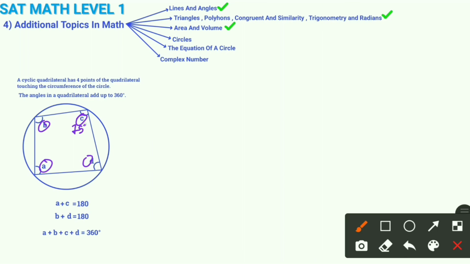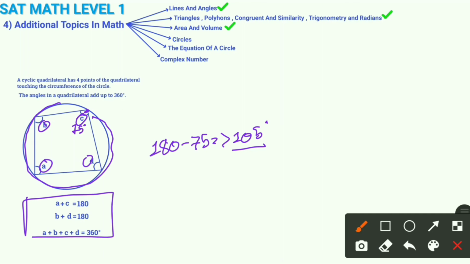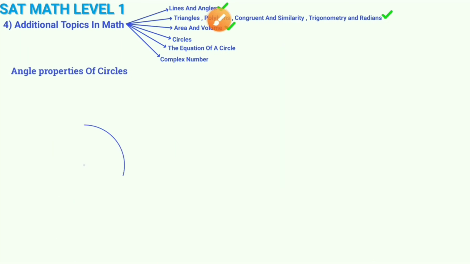So let's suppose that you have 75 degrees for C and you want to find the value of A. You can just write 180 minus 75 equals, I'm using a calculator, 105, and so you can easily find the angle of A. But the condition is that the quadrilateral must be inside of a circle. It means each point must touch the circumference of the circle. Okay, this is the condition if you want to use this.